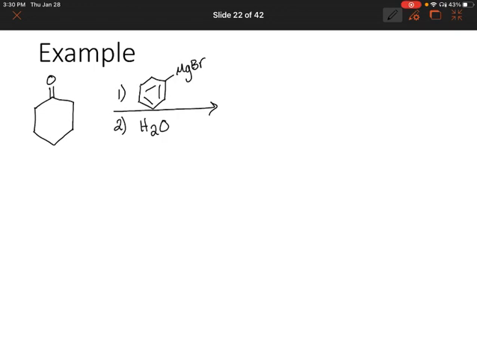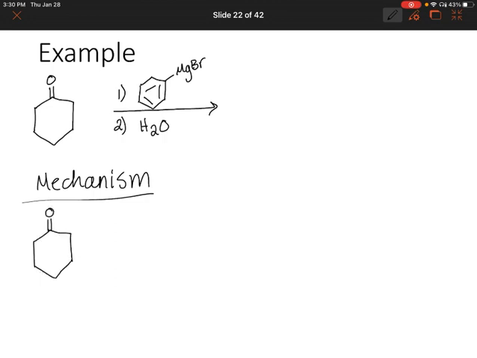So what I would like you to do is pause the video and try to figure out the product on your own. And I would also like you to draw the mechanism for this reaction. So draw the arrow pushing mechanism. And then when you unpause the video, we'll go over it together. All right, so let's draw the mechanism because that will help us determine the product.